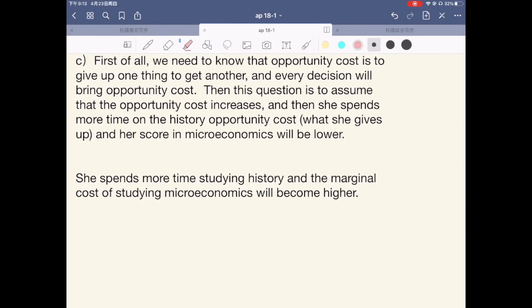So first of all, we need to know what is the opportunity cost. Opportunity cost is to give up one thing to get another, and every decision will bring an opportunity cost. Then this question is to assume that the opportunity cost increases, and then she spends more time on the history. The opportunity cost is what she gives up, and her score in microeconomics will be lower.